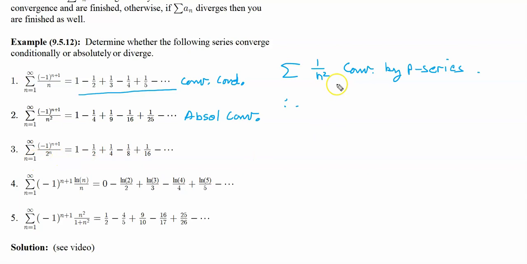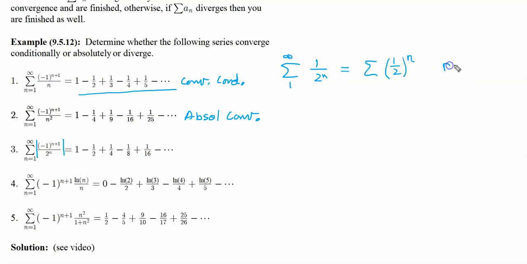So for number 3, again, we want to start with determining if we have absolute convergence. So we look at the summation of the absolute value of these terms. And so when we take the absolute value, we get this. Now, that's actually a geometric series, right? Because you can write that as, right?